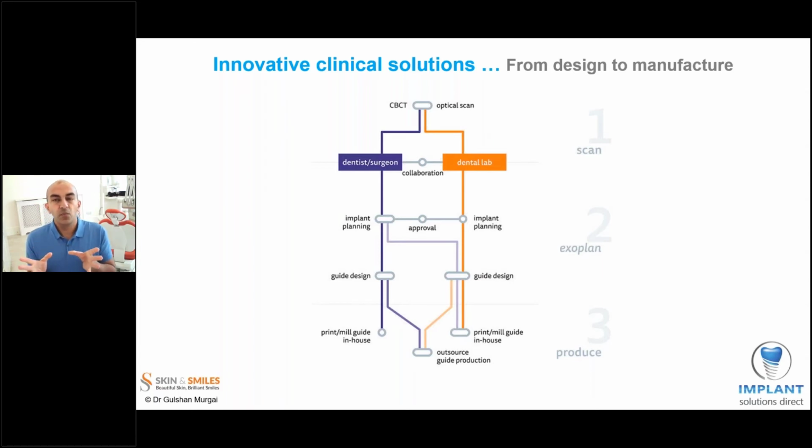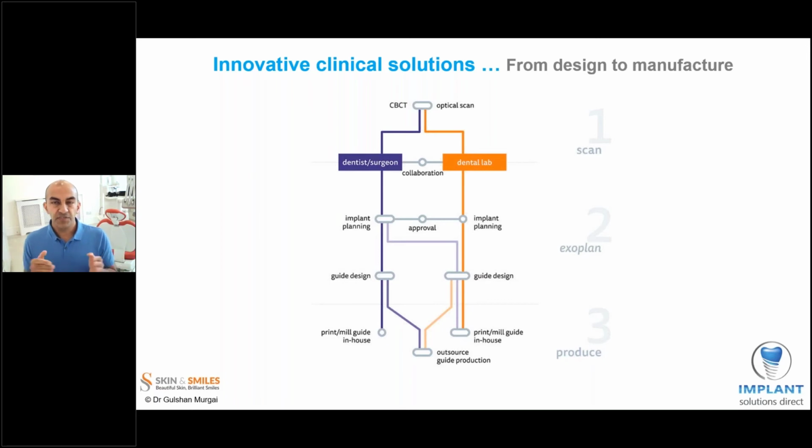There are two different ways that exoplan works. There's either the laboratory doing all of the work, so the dentist basically hands all of the data set to the laboratory, they do the planning and request approval of that planning from the dentist, or the dentist can have all of it, or there can be a collaboration. So there's three different ways of looking at this.